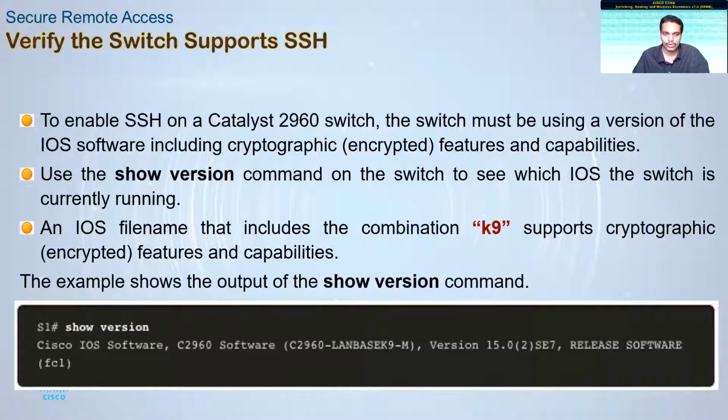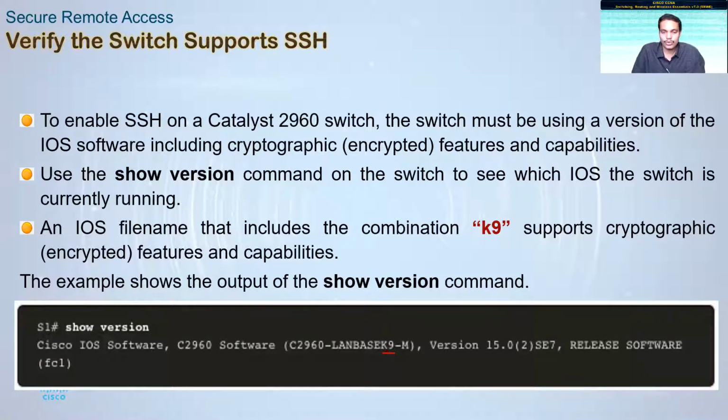Once you type it in, you will get this kind of output. In this output, you get the IOS file name, and if you can find the combination K9 in this file name, it automatically means that the switch has the capability to support cryptographic features. In simpler terms, it supports SSH.